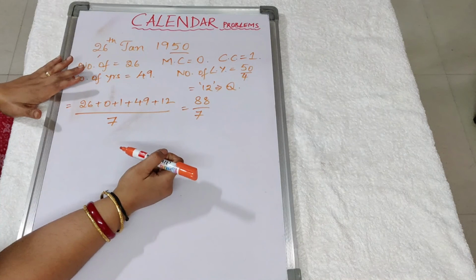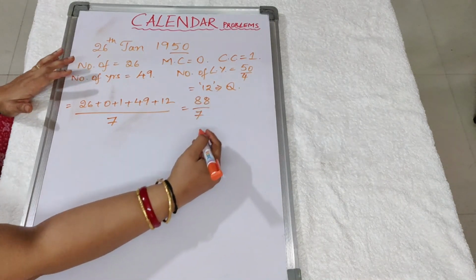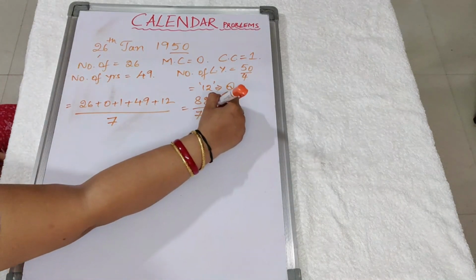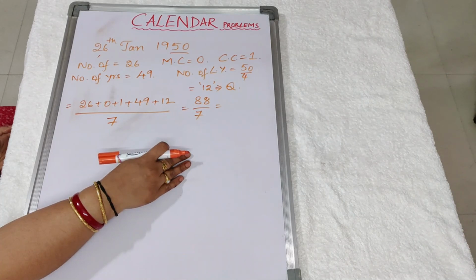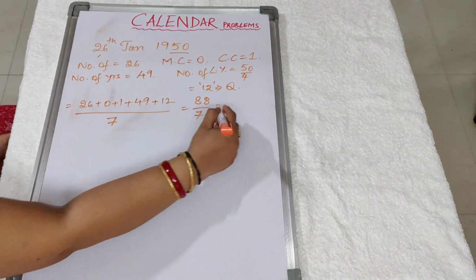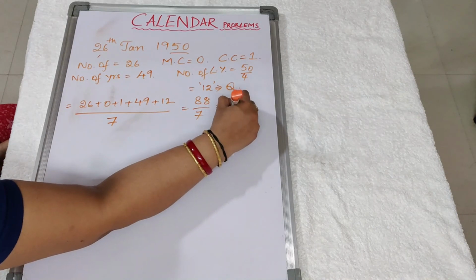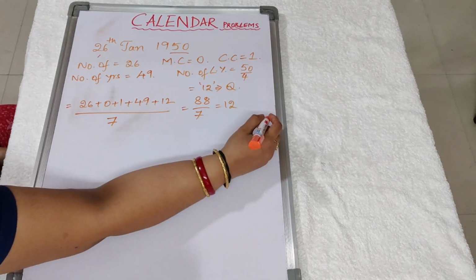Yes, it is 88 by 7. Now what do we get? So we divide it by 7. 7 12s is of course 84.